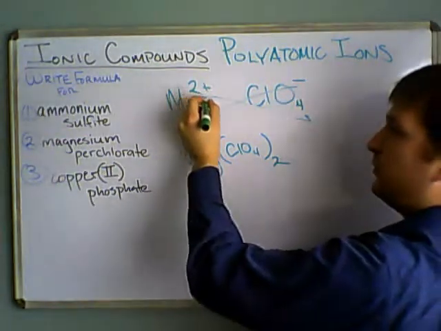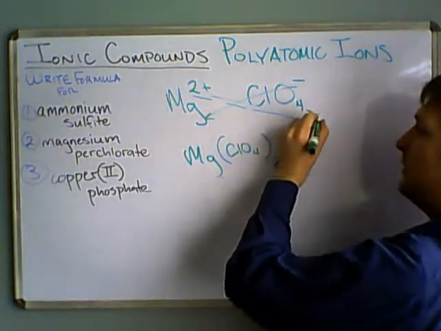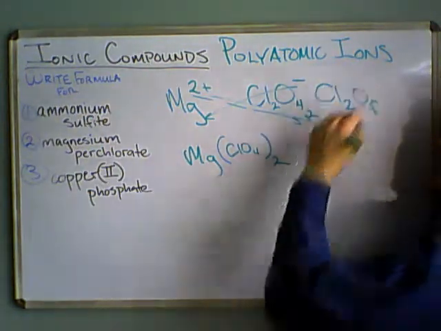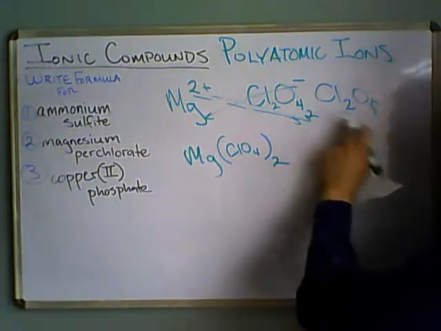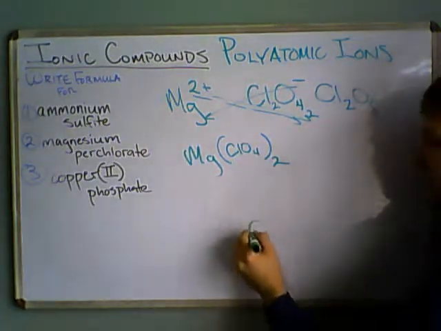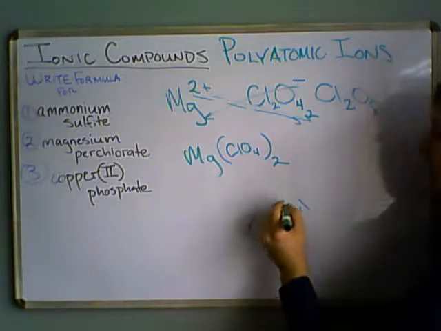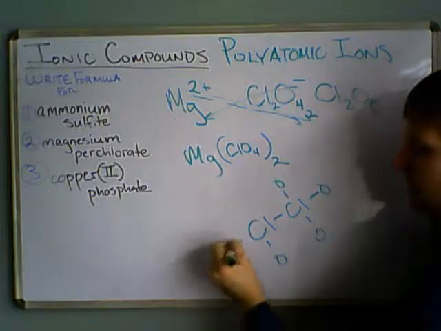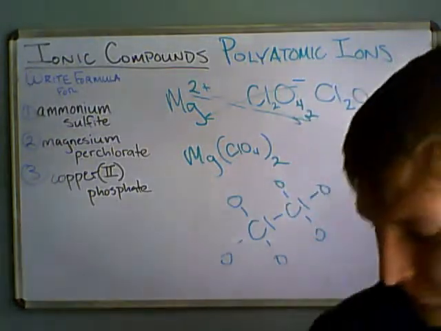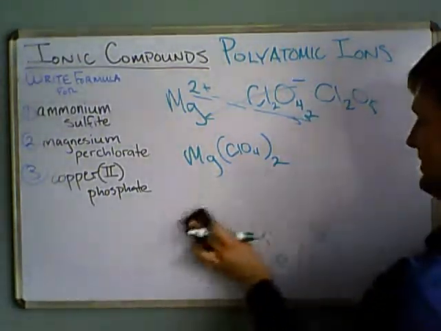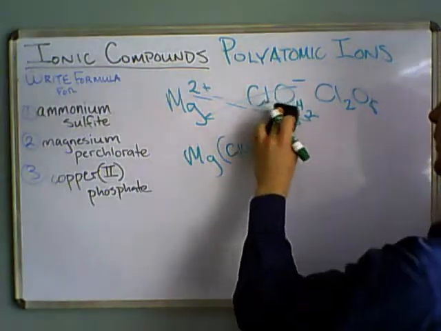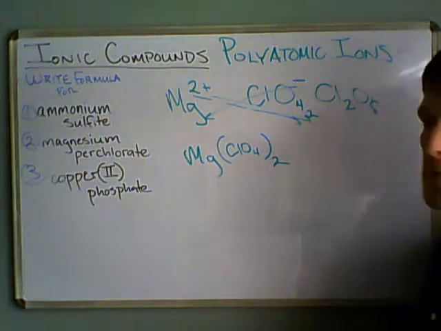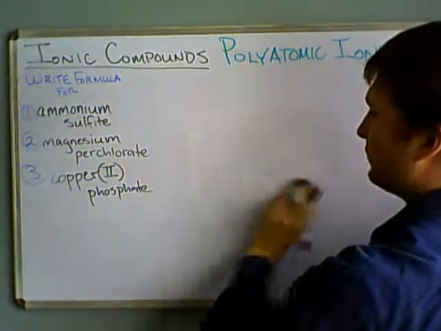Make sure you don't put a 2 down here and write something like Cl2O8, because that would mean you have Cl, Cl, O, O, O, O, all these O's, but that's not what's going on. The ClO4 behaves as 1 unit, and we need to show that with those parentheses. Okay, moving on.